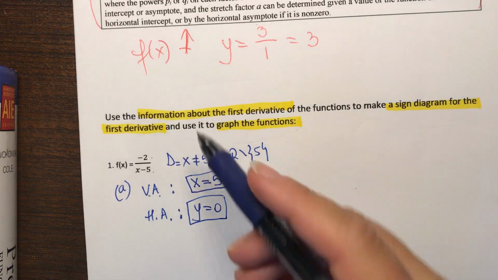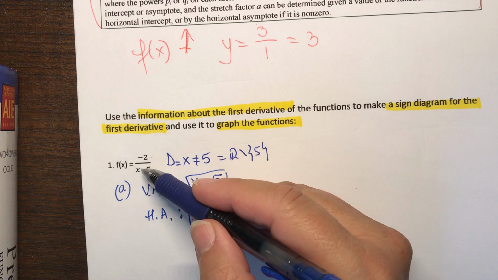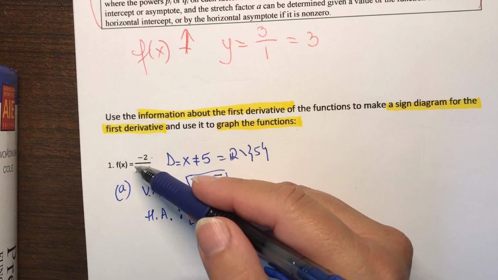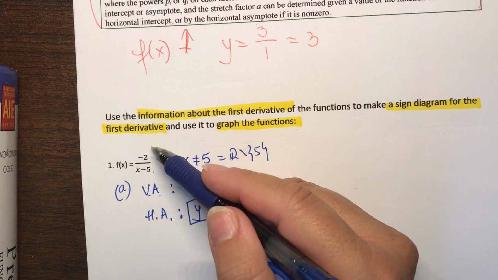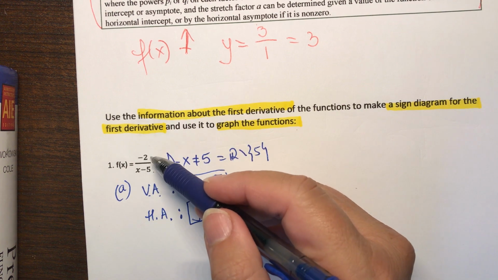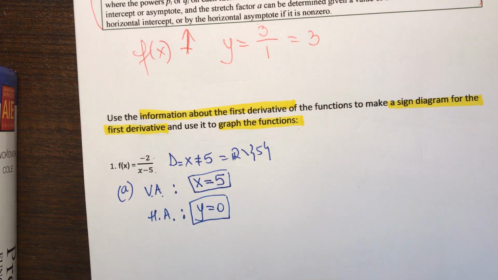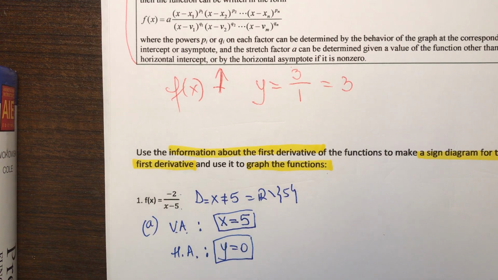And again, what's the degree? It's the highest power, right? So the degree of the denominator is 1 because you have an x to the power of 1. The degree of the numerator is 0, right? You have no x term here. So this constant term is an x to the 0, if anything, and x to the 0 equals 1. Okay, so vertical, horizontal asymptote.